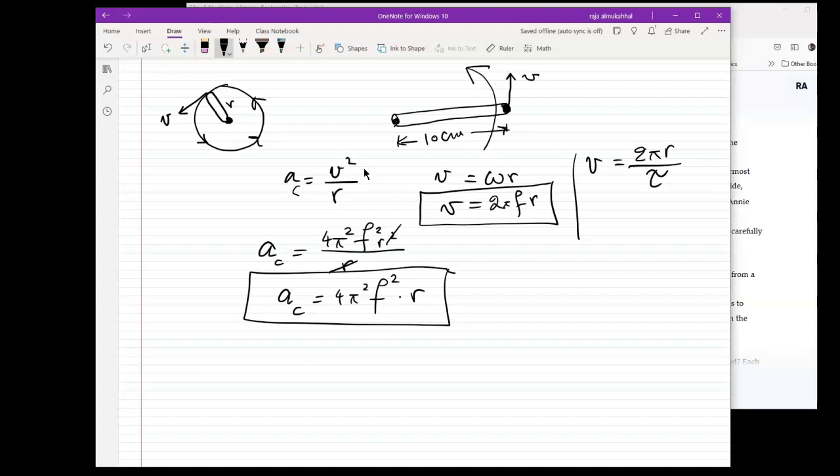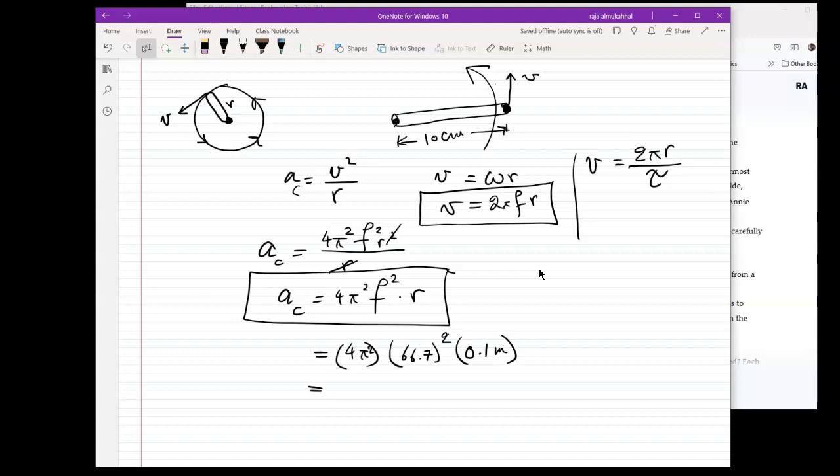Okay. Plug in all the numbers. 4 pi squared times f squared is right here, guys. 66.7. So that would be 66.7 squared times the radius. He said it is 10 centimeters, which makes it 0.1 meter, right? And then we can just calculate that. Go ahead and calculate it with me.